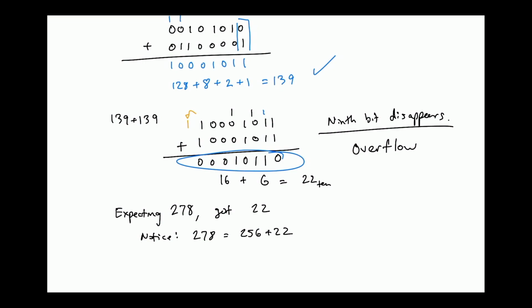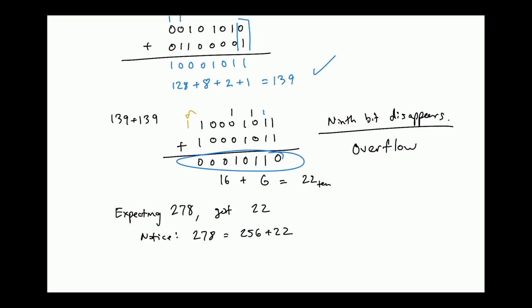So in some sense, the number 278 and the number 22 are the same. Now, has anybody ever seen modular arithmetic before? That's the system we're really working in, mod 256. If you don't know what that means, become a math major.